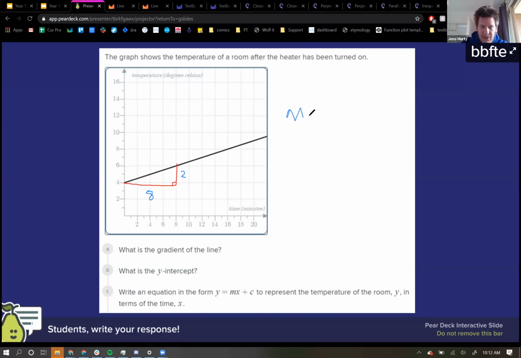Or remember, of course, we could use our gradient formula, y2 minus y1 over x2 minus x1. So for y2, x2, we'll generally pick the rightmost point. So let's choose that point there. We can see y2, if we go across, is 6. y1 was at this point here, is 4. And we know that was equal to 2 because we just eyeballed it.